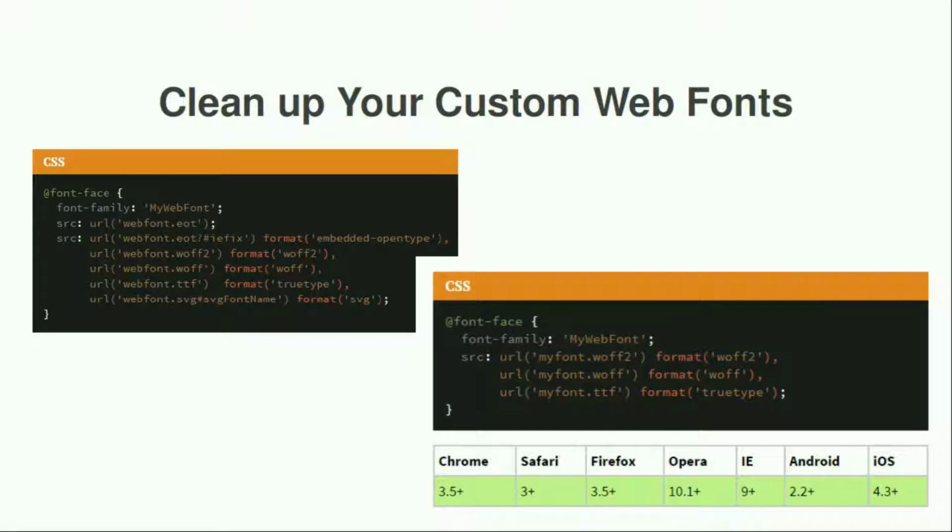That's a huge format, I can tell you from experience. Nowadays, you deal with this if you're doing your own custom icon font, for example. Instead of using Font Awesome, you have your own icons and you're building them, so you can get away with only building TrueType and WOFF format, or if you want to go all the way, build WOFF2.